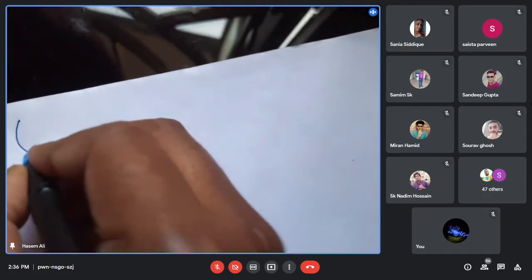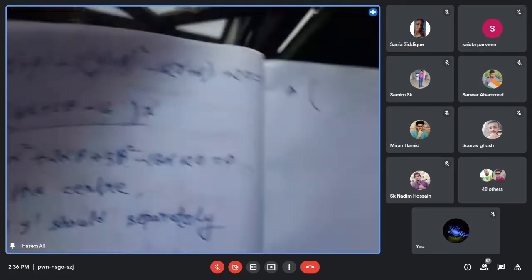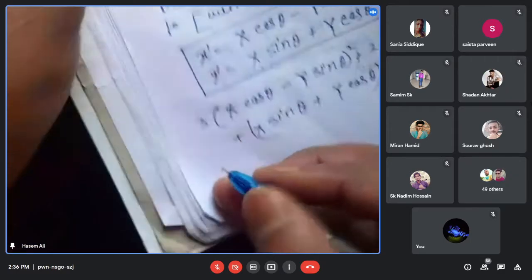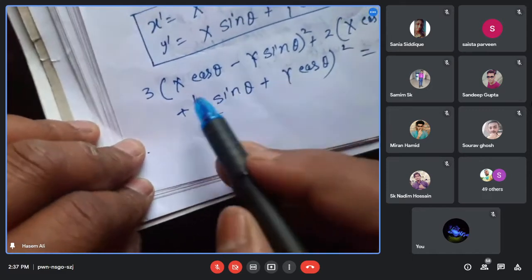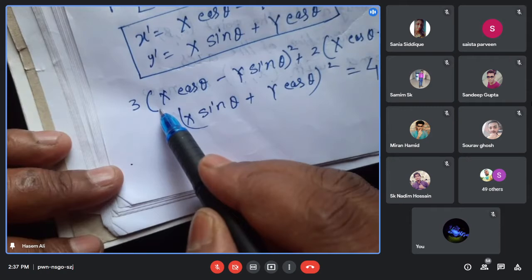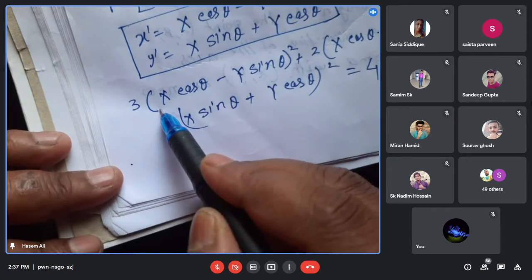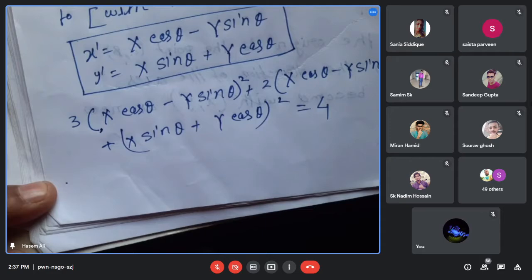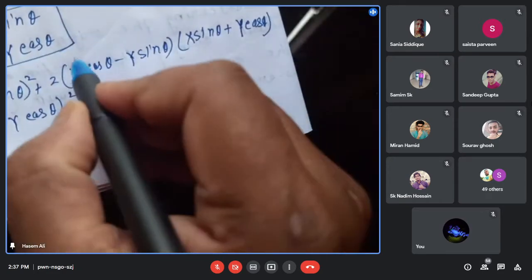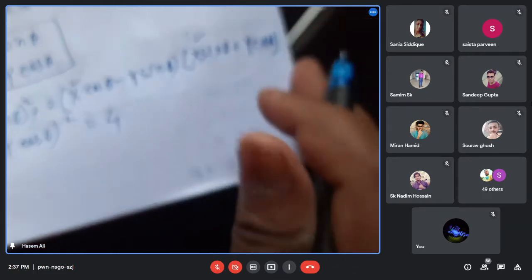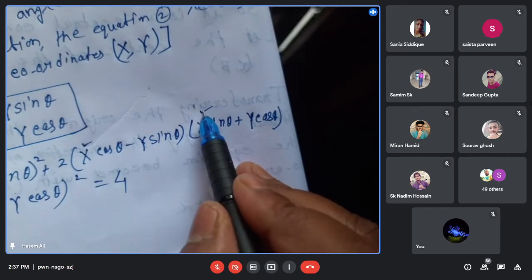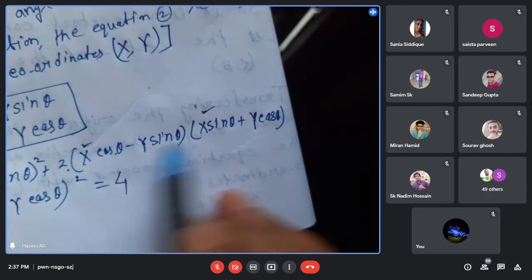Now the coefficient of x square. See this, I am writing this, and it will be very easy. Coefficient of x square, from here 3 cos square theta. Clear? From this term, this is x and this is x, so the coefficient of x square will be 2 sin theta cos theta.